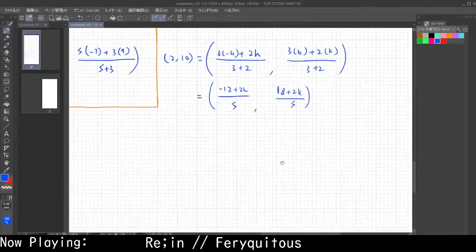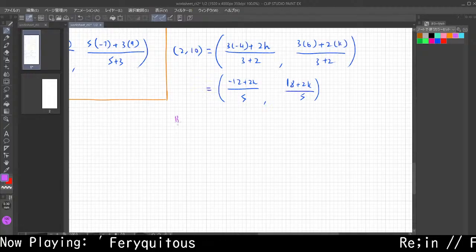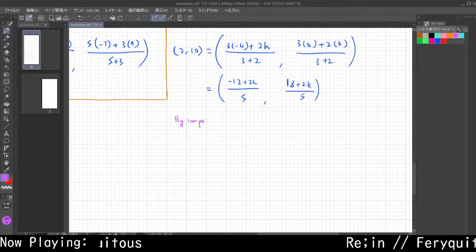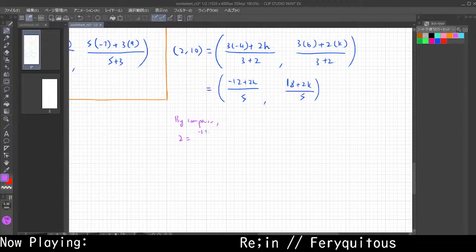This will be a bit long. By comparison, 2 equals to negative 12 plus 2h over 5.